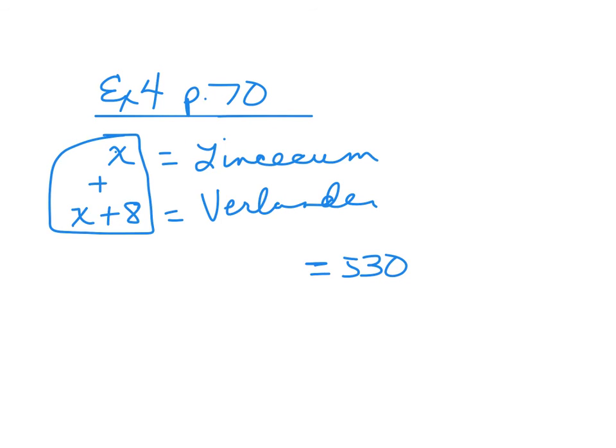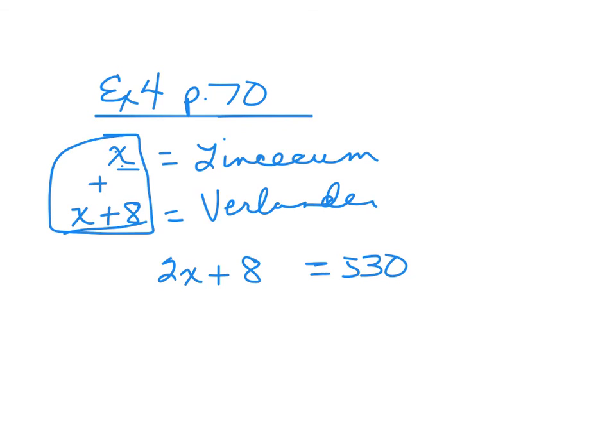So I need to add those two together to get the total. And if you add x to x plus 8, you can combine those x's. So together they struck out 2x plus 8: the x for Lincecum plus the x plus 8 for Verlander. Okay, step 2 is done. We've got an equation now.